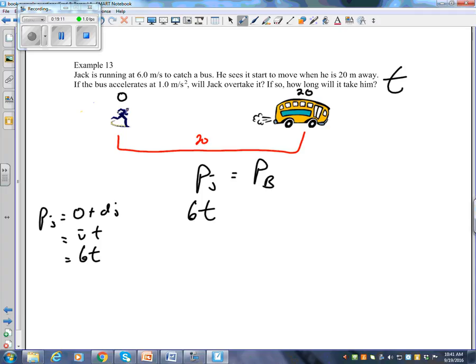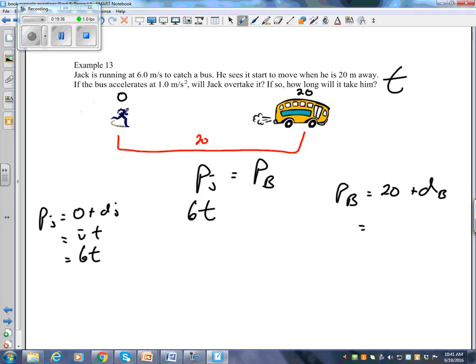Okay, now do the same thing for the bus. The position of the bus is its initial position. Is it 0? No, it's in fact 20 plus the displacement of the bus. Right? It starts at 20 and then it's displaced.